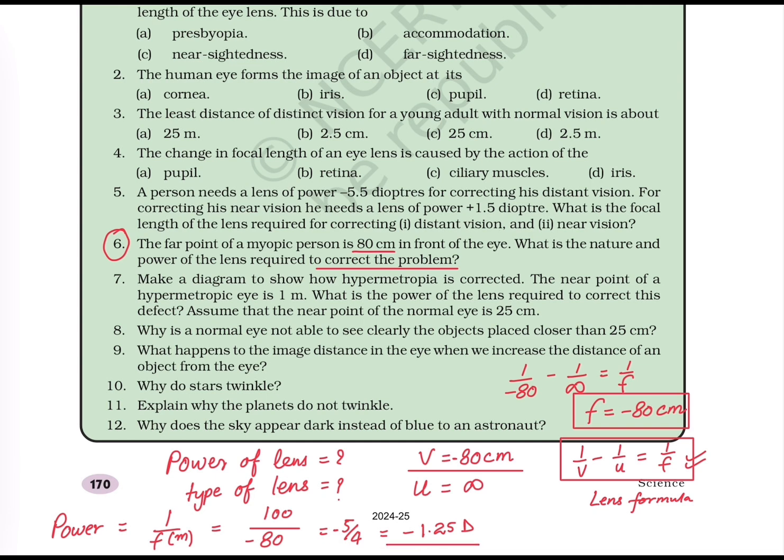Here the minus sign indicates what type of lens we have to use. We have to use a concave lens, because a concave lens has negative power. Okay, so we know the type of lens, we also know the power of lens, and that is all about the numerical based on myopic vision.